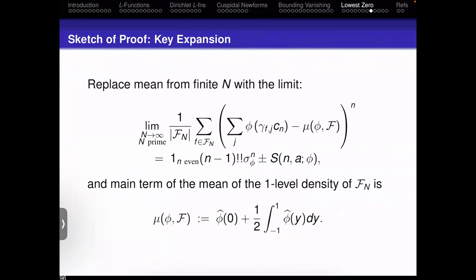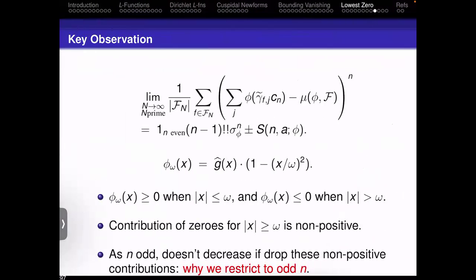And so then we play a game, very similar as before. We replace the mean and the limit, all this stuff exactly as before. And we want to be able to drop things because n is odd. If I have something that's negative and I throw it away, I'm only going to be making things bigger. And that's why I want n to be odd now, so I can just reduce to what's going on.